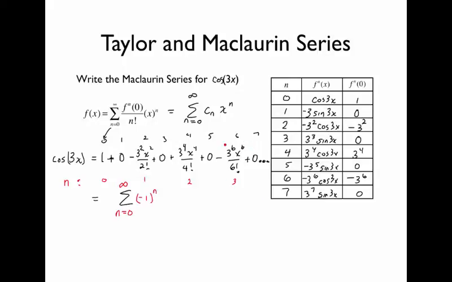Now let's look at what our formula is. Say here's n equals 3. What is our formula? 3 to the what? 2n, right? That's twice as much as that. So it's 3 to the 2n times x to the 2n over 2n factorial. Did you catch it?